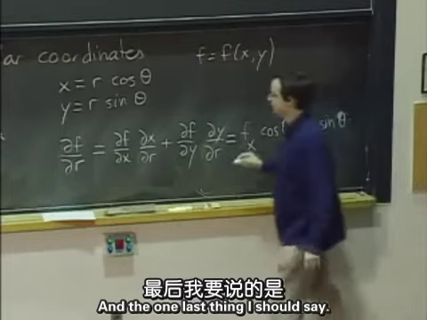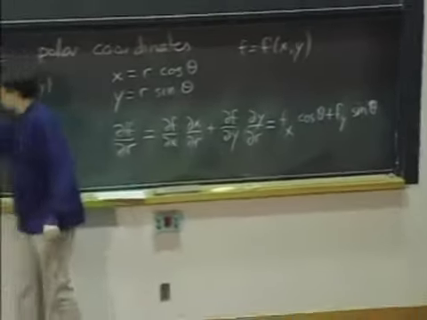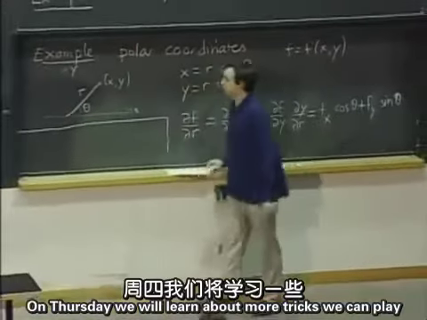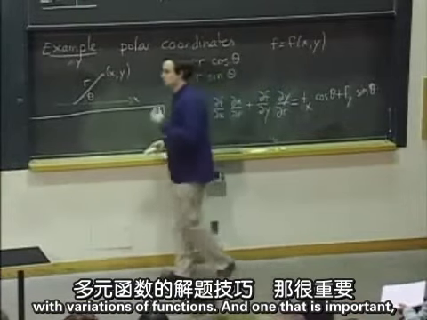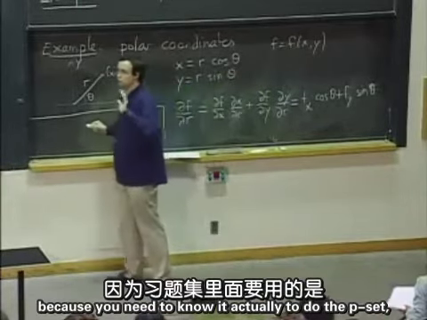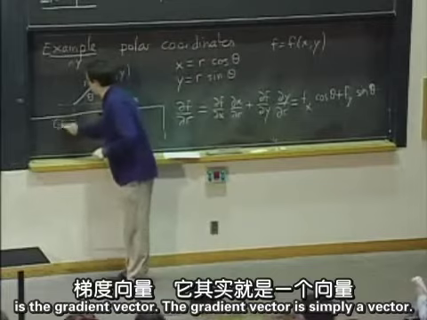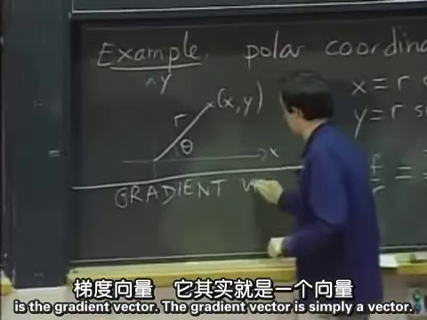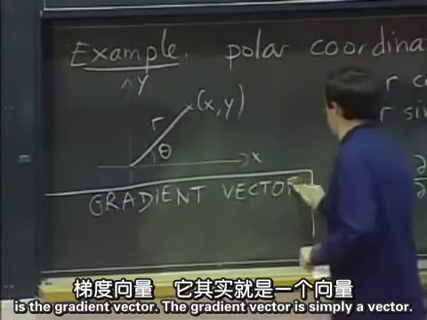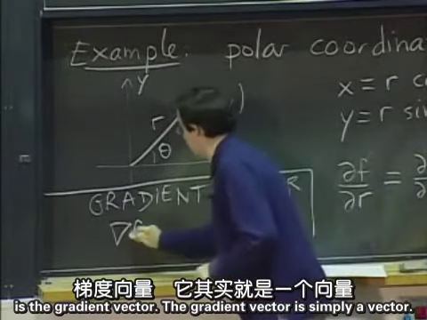And one last thing I should say. On Thursday, we'll learn about more tricks we can play with variations of functions. And one that's important, because you need to know it to do the p-set, is the gradient vector. So the gradient vector, it's simply a vector.